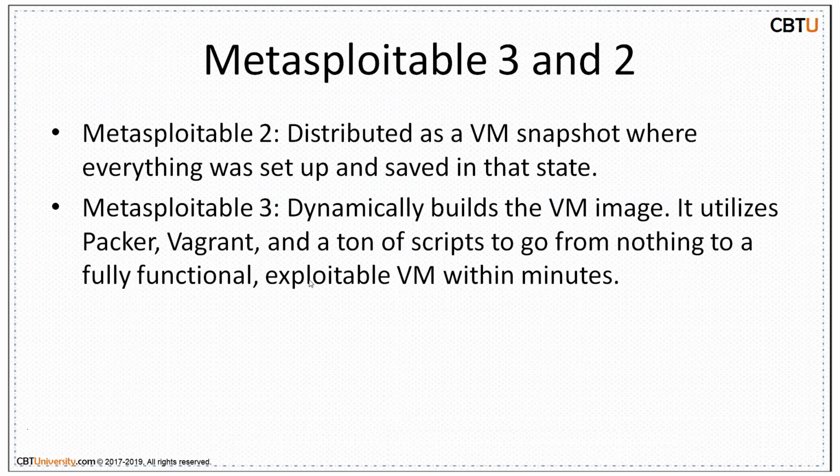Metasploitable 2 is distributed as a VM snapshot, where everything was set up and saved in that state. Whereas in Metasploitable 3, the image is built dynamically. It utilizes Packer, Vagrant, and other scripts to go from nothing to a fully functional, exploitable VM within minutes.